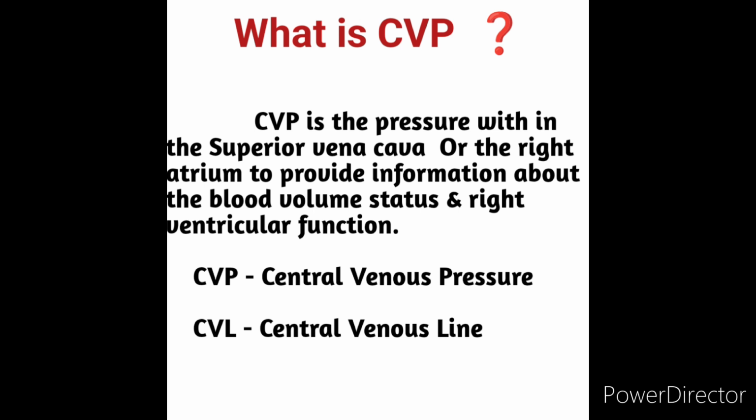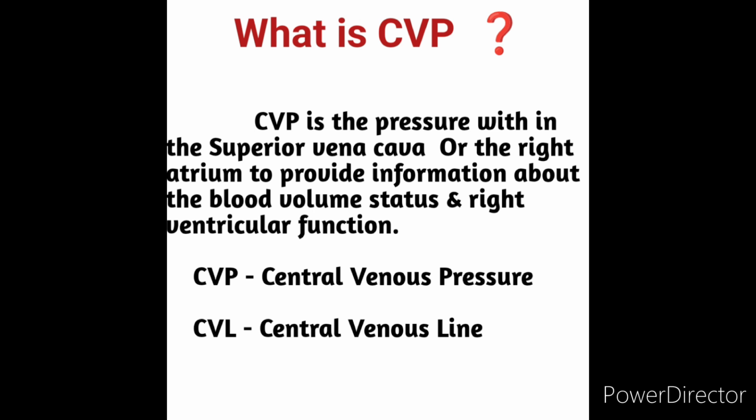CVP, central venous pressure, is an estimate of right atrial pressure. It has been used to assess cardiac preload and volume status in critically ill patients, assist the diagnosis of right-sided heart failure, and guide fluid resuscitation.